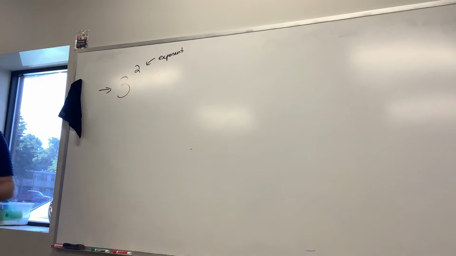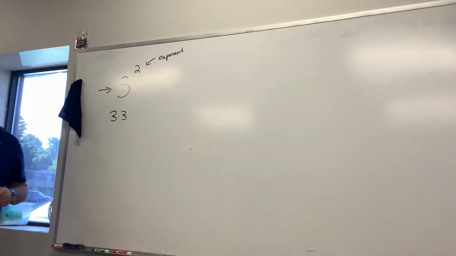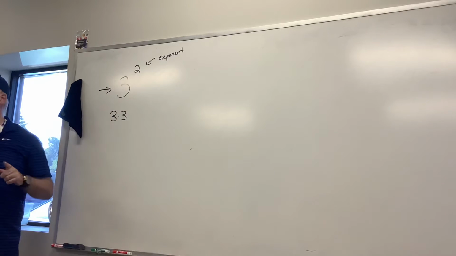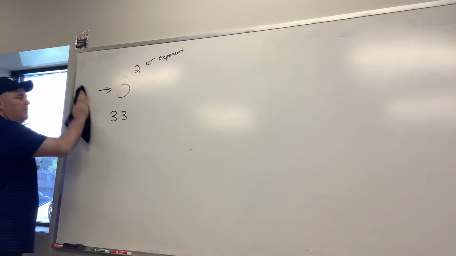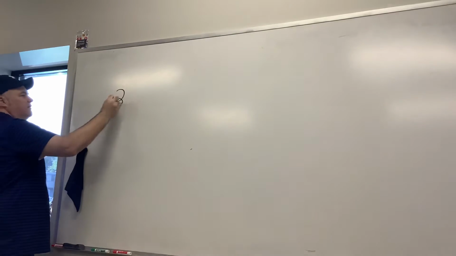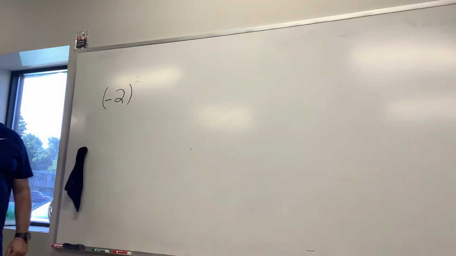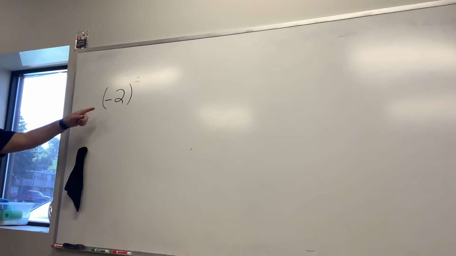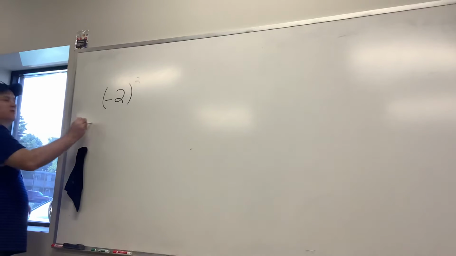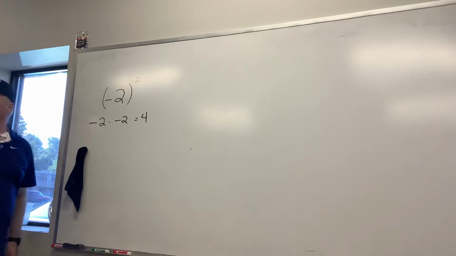And we learned that when you do that, you're just squaring it, 3 times itself, okay, which is 9. You're not doing 3 times 2, okay? Then we learned about, well, what about a negative number that's got an exponent? So like -2 squared, okay? And we learned what happens when there's a negative squared. And that was negative times itself, which is -2 times -2, which is positive 4.